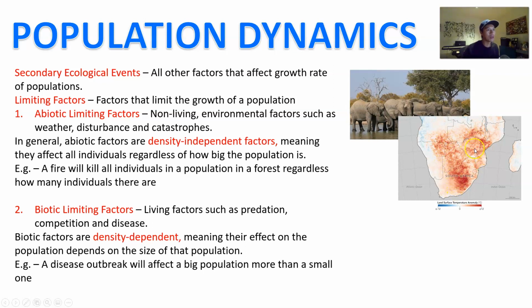By tracking the weather and looking at the temperature, you can predict, roughly speaking, how the growth of the population will be from areas that are really, really hot down in South Africa or areas that are a little bit more mild along these particular areas, and predict their growth rate based on that, whether it's going to have a negative effect or a positive effect.